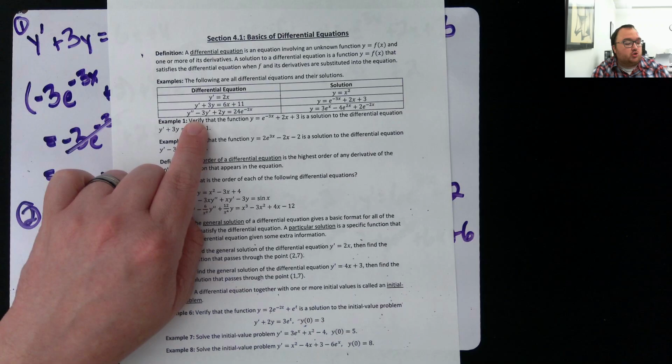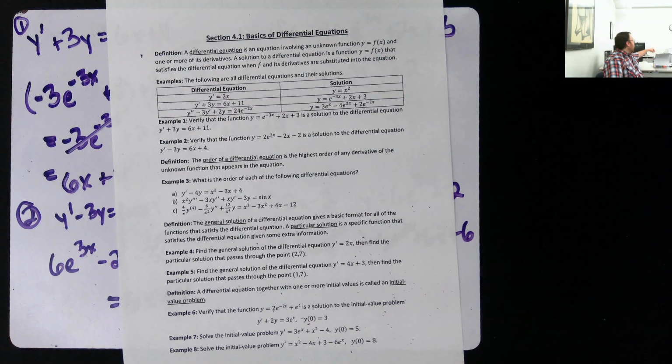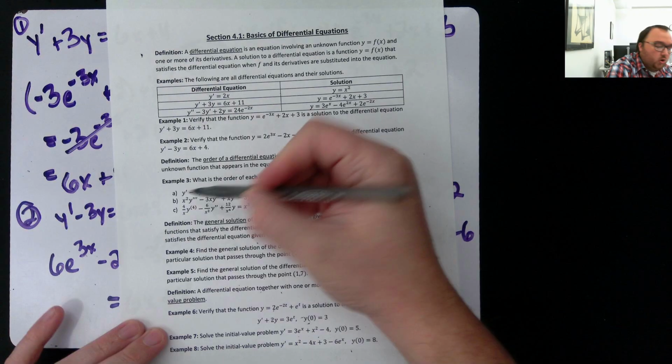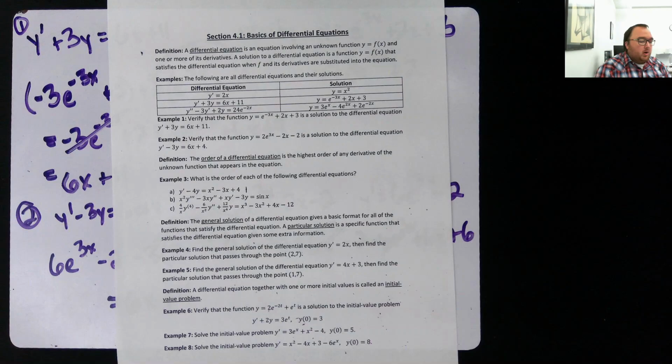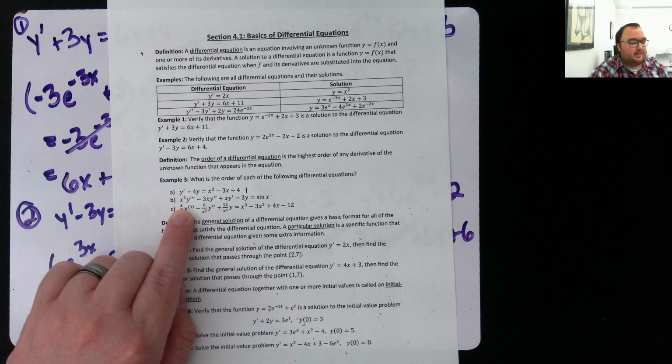Looking at example number 3, 3a is y prime minus 4y equals x squared minus 3x plus 4. The highest derivative there is y prime, so the order here would be 1. For part B, I have x squared y triple prime minus 3x y double prime plus xy prime minus 3y equal to sine.